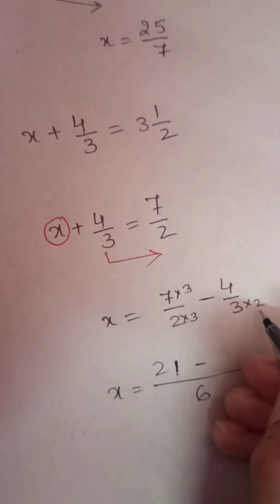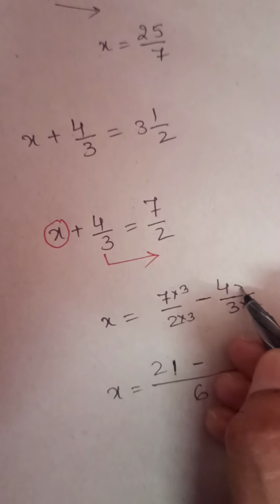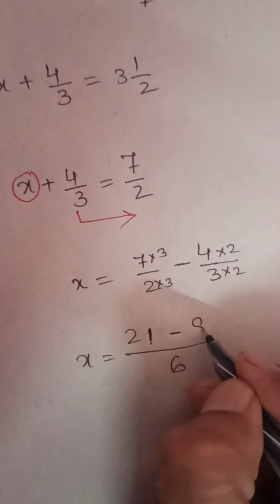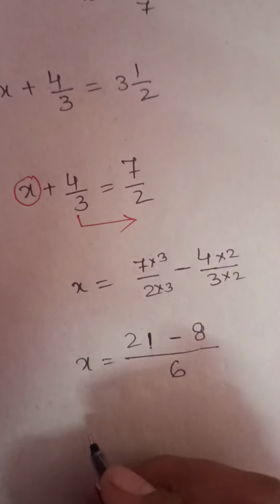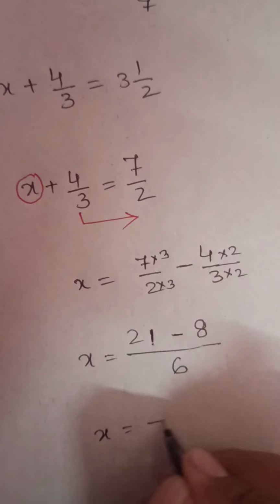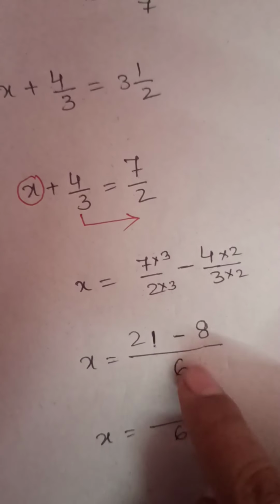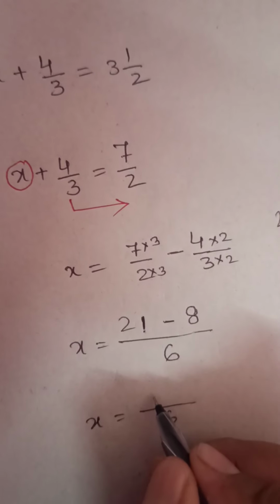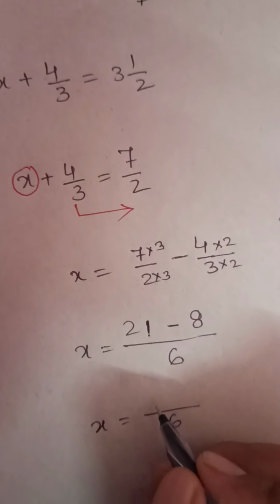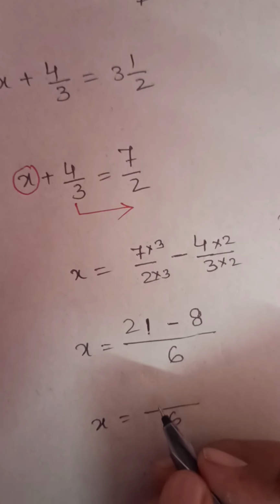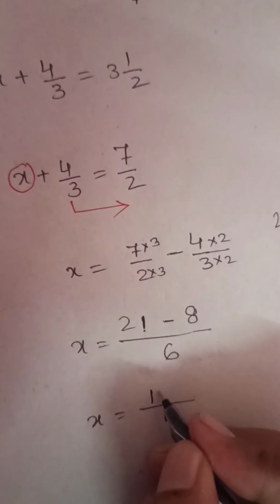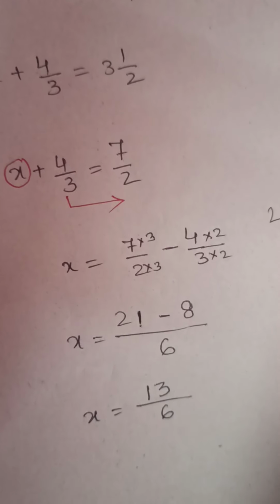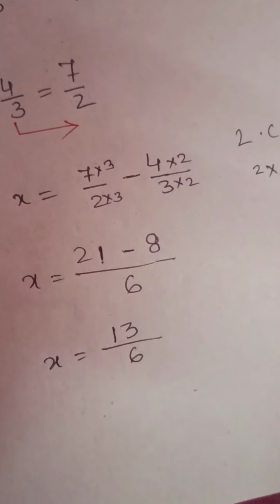So when you are multiplying the denominator with 2, the same number should be multiplied in the numerator. 4 twos are 8. 21 minus 8, how much is it, child? x is equal to, divided by 6, from 21 minus 8, it becomes 13. x is equal to 13 by 6.